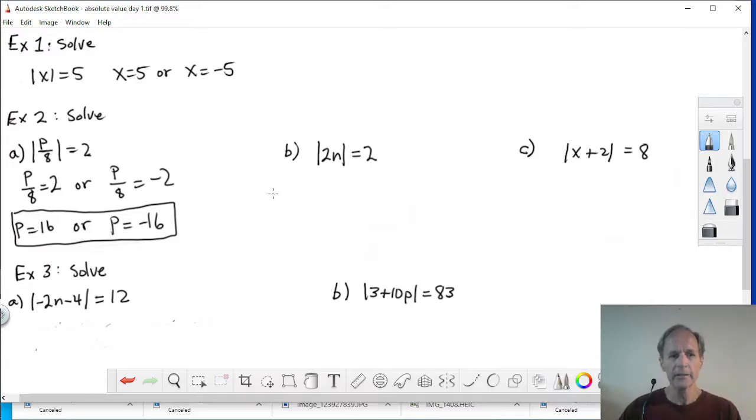Okay, let's look at the next one. Absolute value of 2n equals 2. Well, that means 2n could be 2, or 2n could also be -2. That would make that true, right? We have to solve both of these. Divide both sides by 2.